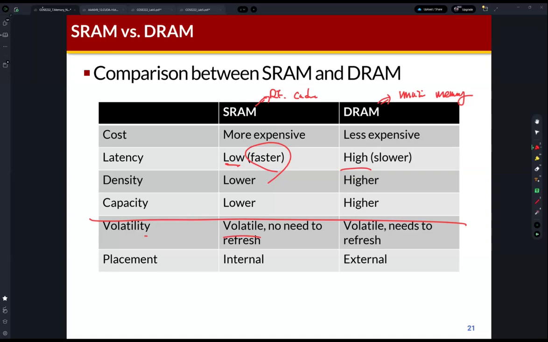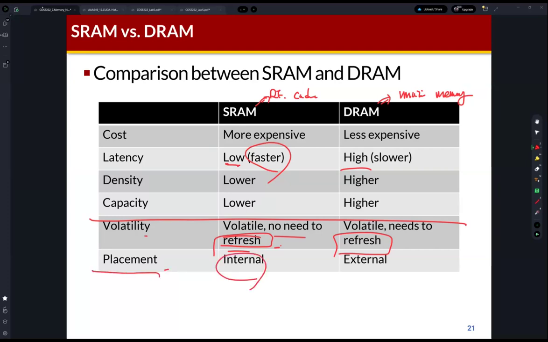SRAM and DRAM are both volatile. Okay, but you can find the reference here. It's kind of a deeper level, but you can find that SRAM has no need to refresh, and DRAM requires refresh. Then refresh also takes time.